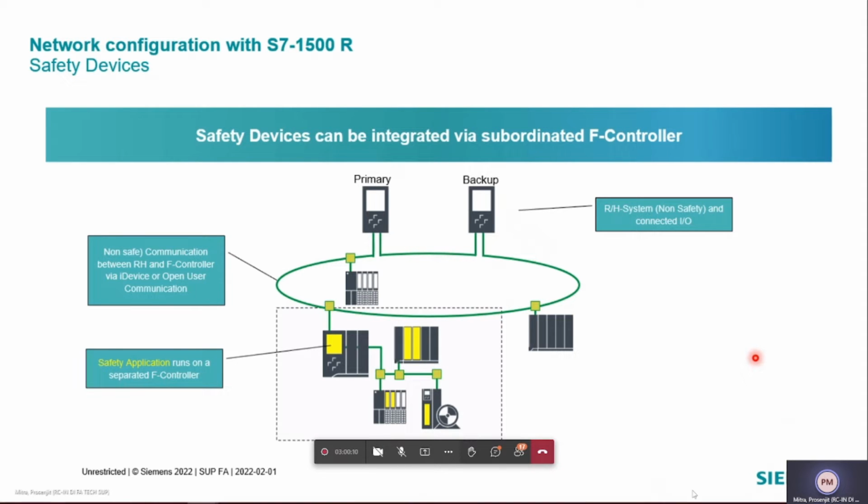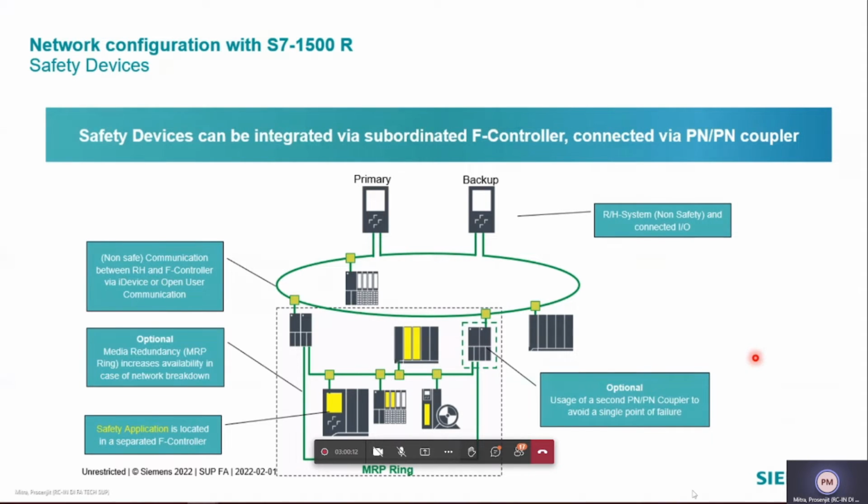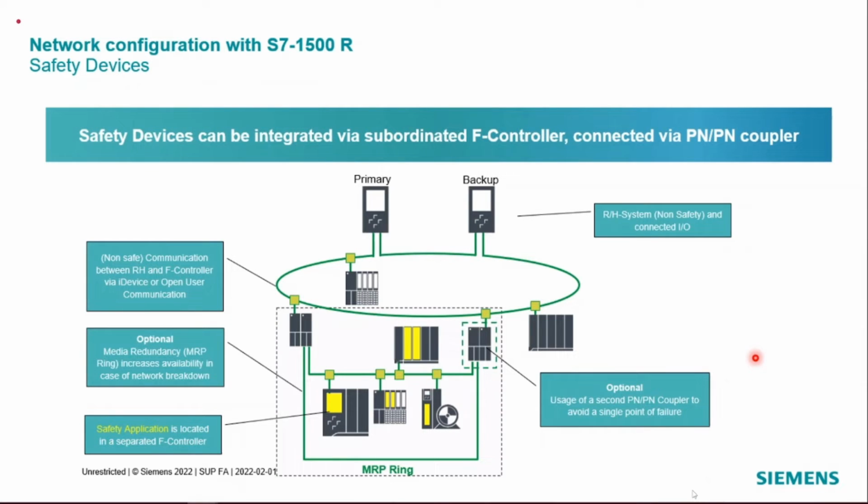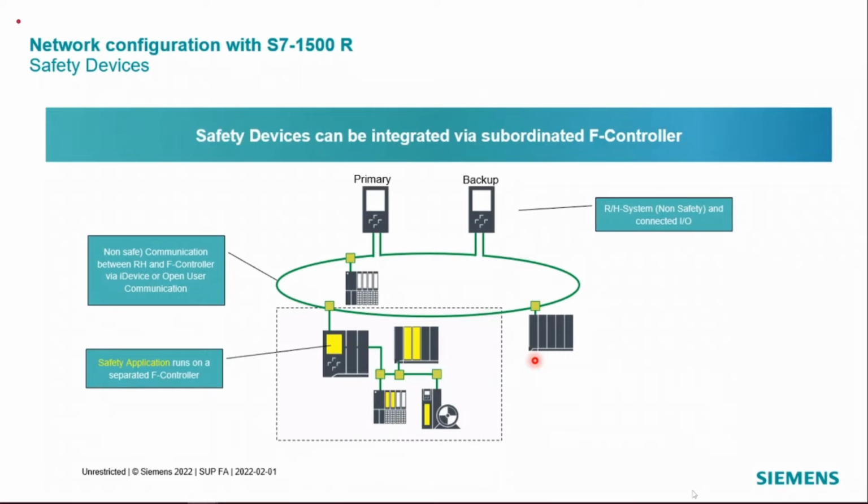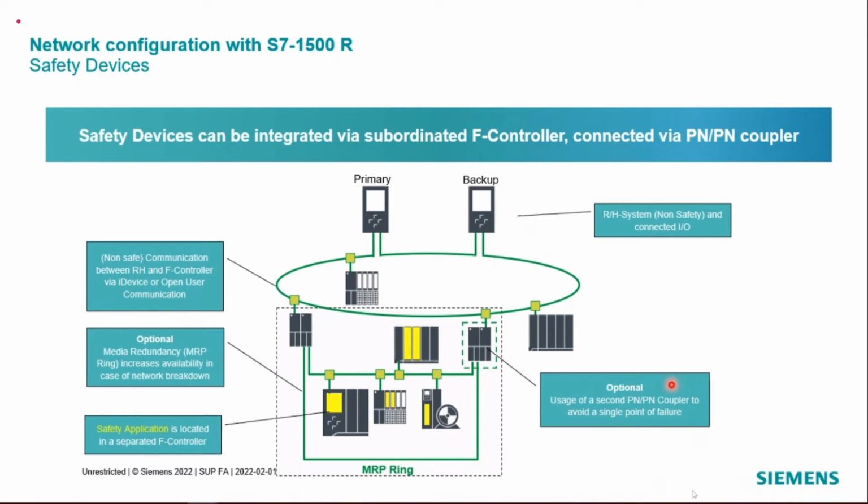Another option can be one which has more availability. In the previous case, the communication is either via I-device or via open user communication, so it is not a bumpless communication. But if the customer wants bumpless communication between the two CPUs and also higher availability, then we can have a single PN/PN coupler and connect the safety devices with a safety controller.